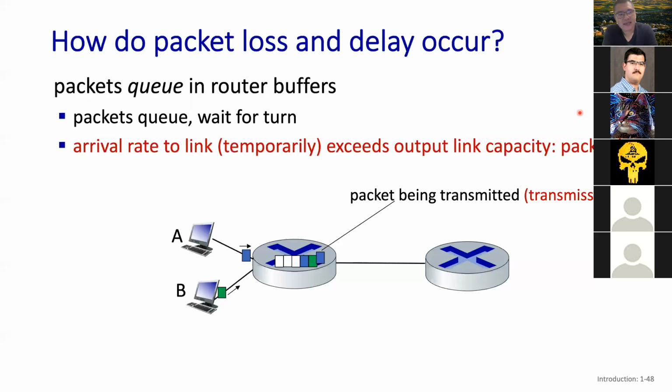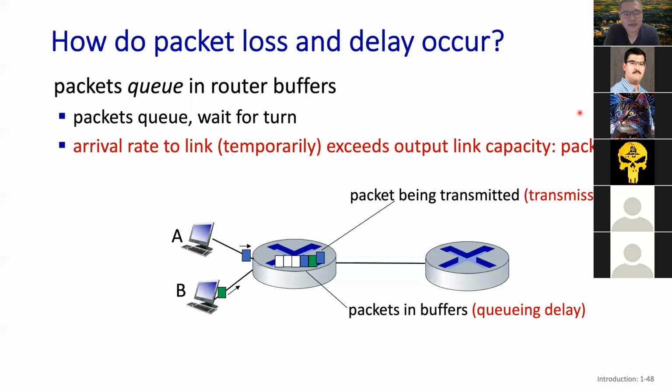Besides the transmission delay, we also have other delays, for example the queueing delay, which we will cover in the next slides. Besides the transmission delay and the queueing delay, we also have the propagation delay, the data propagating along the link. We also need to calculate this time.